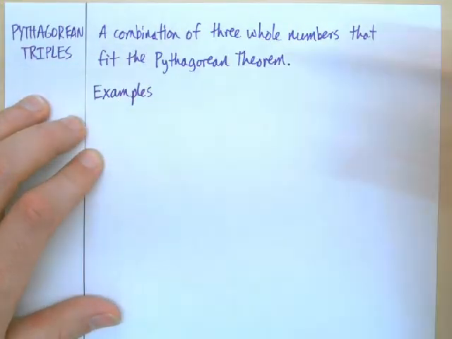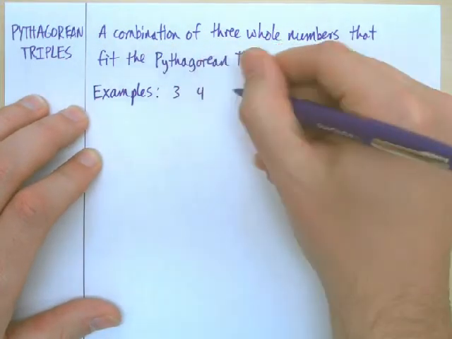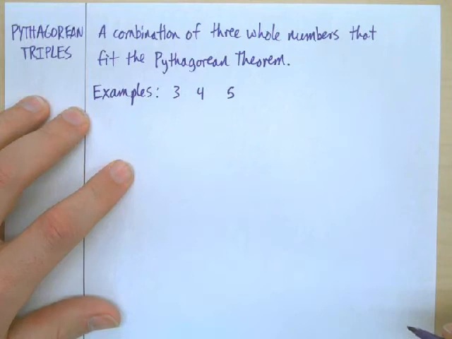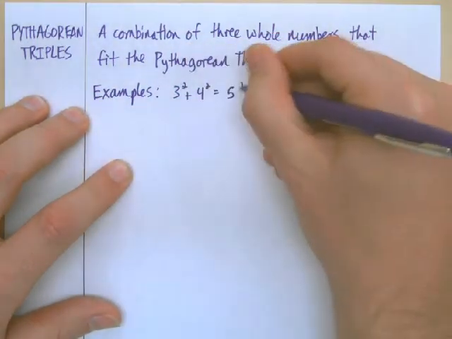Some examples would be 3, 4, 5. Because 3 squared plus 4 squared equals 5 squared.